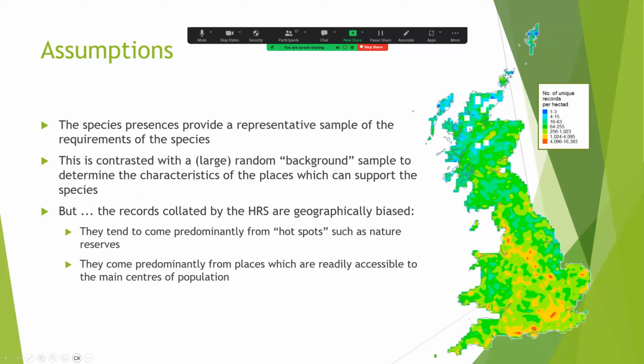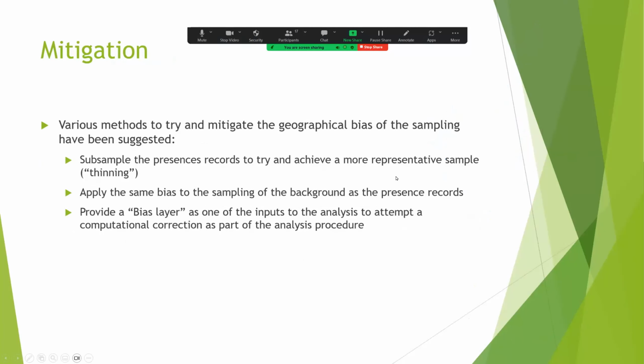And that's going to accentuate the differences between this part of the country and this part of the country because of uneven sampling, not because of differences in the species. In other words, we're going to bias things. And what we're actually likely to do is over-egg the distribution model. It's likely to produce a higher difference than is really true. So how can we try and get around that?